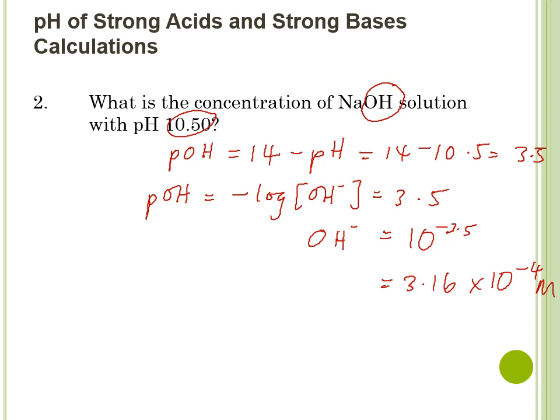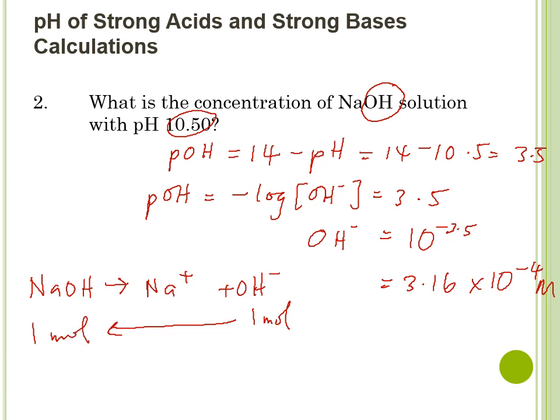What happens when we dissociate NaOH? It's going to dissociate completely to become Na+ and OH-. So we are going to have the concentration of 1 mole of OH- is the same as 1 mole of sodium hydroxide.